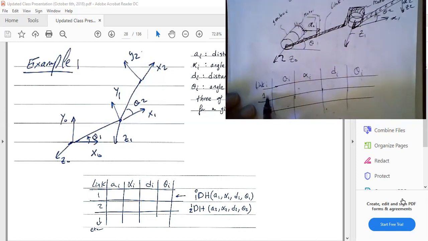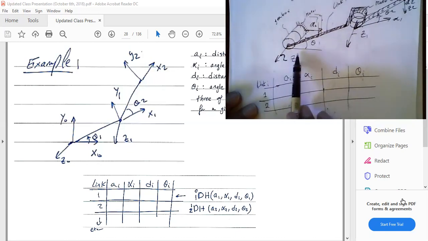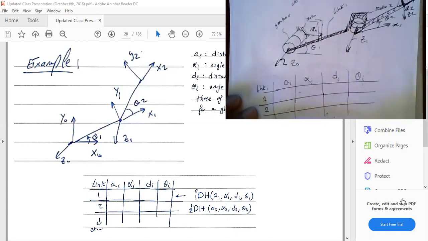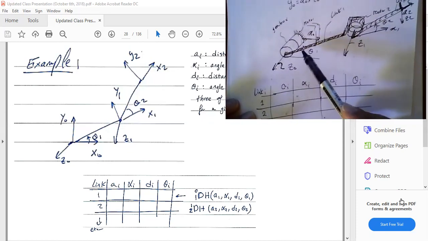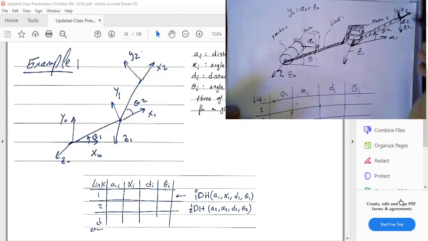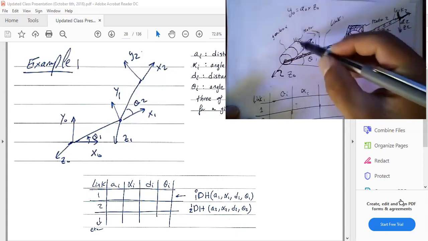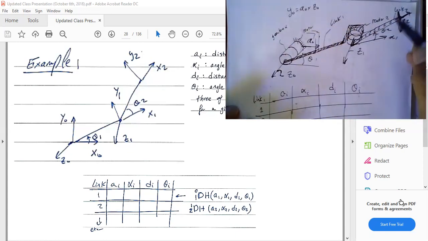DH1 will give you the homogeneous transformation between the base frame and link 1, and DH2 will give me the transformation between link 1 and link 2. Ultimately you will have H02. So if I have a vector in that frame here, I'm going to be able to express that vector in the base frame. Sometimes you can have a camera, whatever you want, and whatever coordinates the camera sees, you'll be able to have a mapping between here and here.